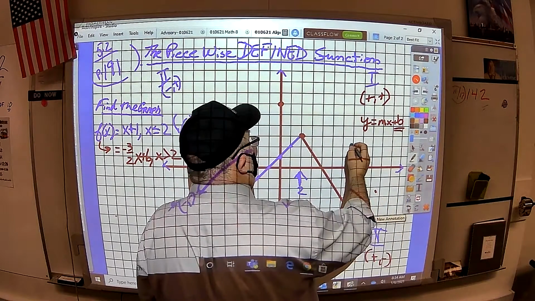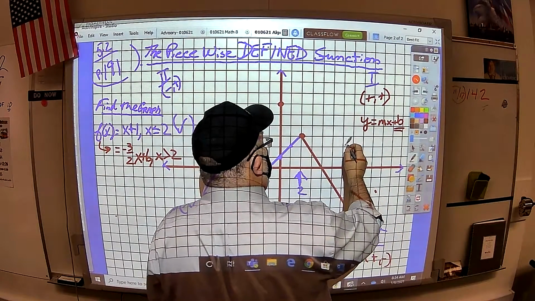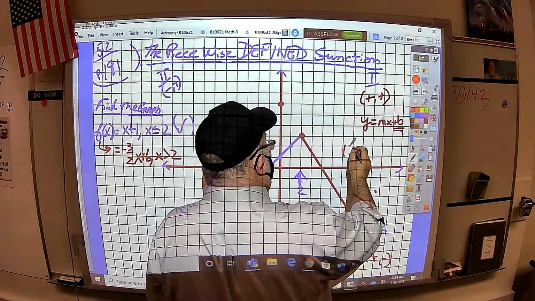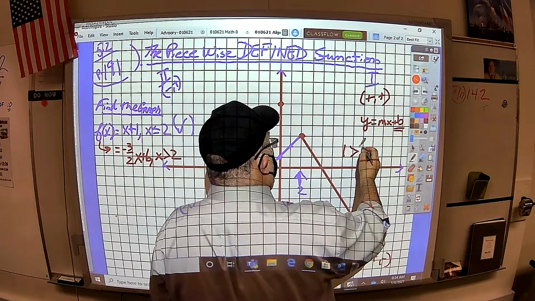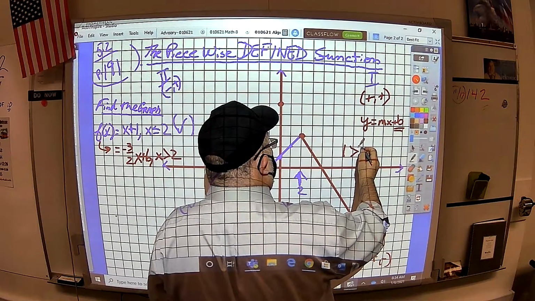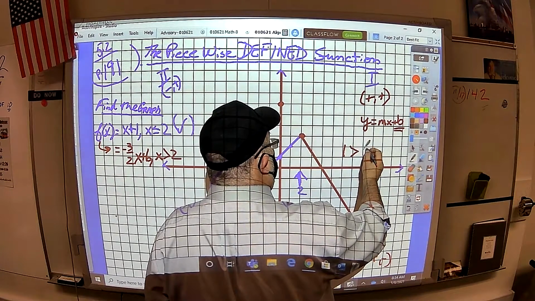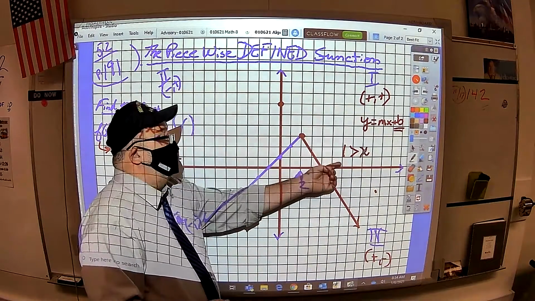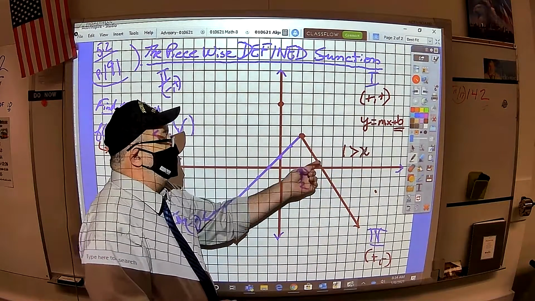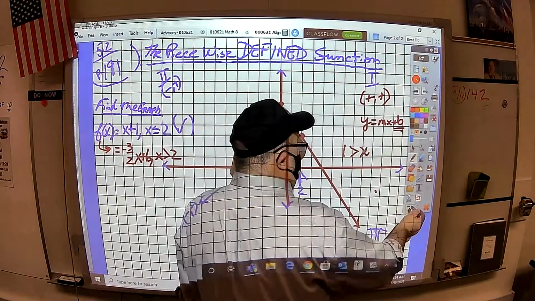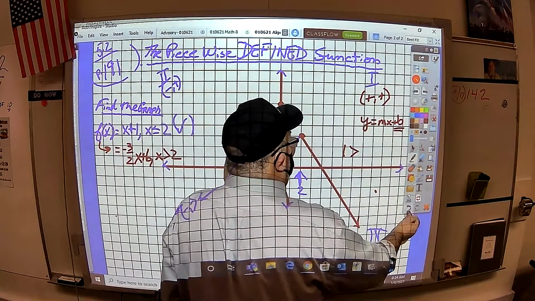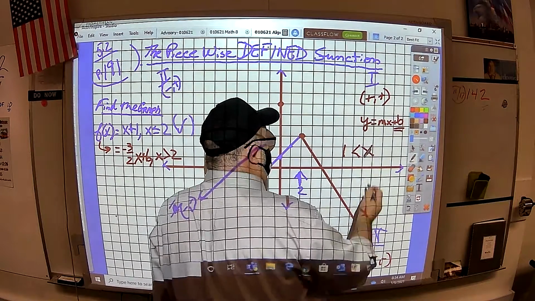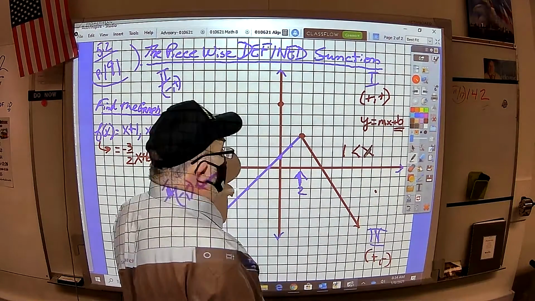If I said x is greater than 1, no, x is less than 1, sorry, I had it right the first time. Sorry about that. 1 is less than x. It means that x is greater than 1.